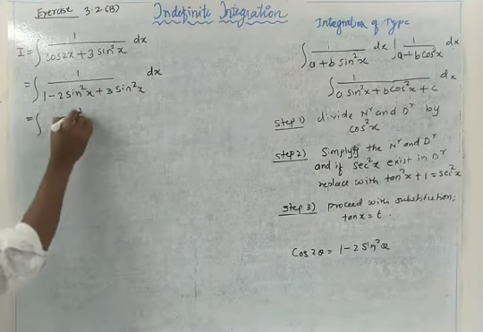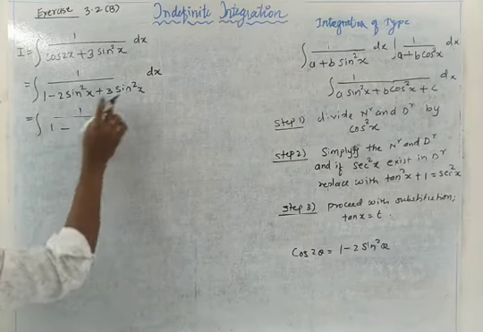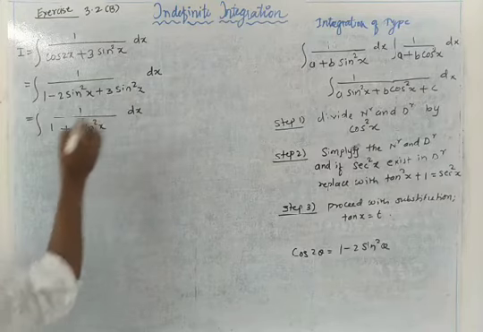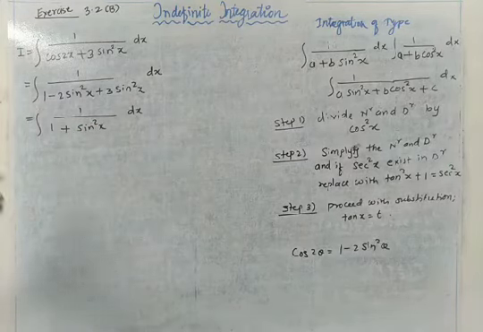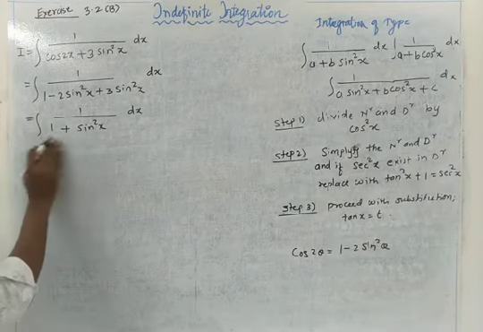Now 1 minus 2 sin square plus 3 sin square is 1 plus sin square x dx. If we check that, we get the equation in the format of the given integral type. Once you get that format, start directly with the step by step solution.